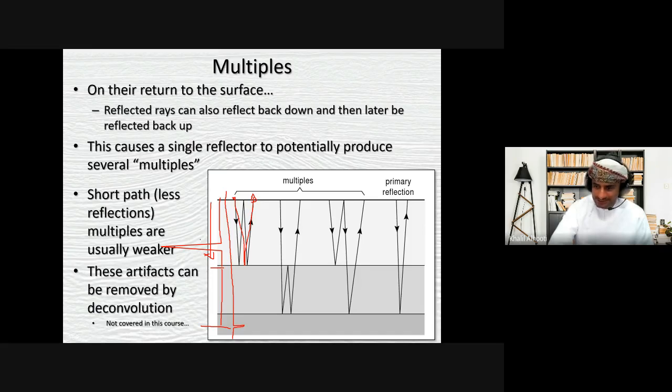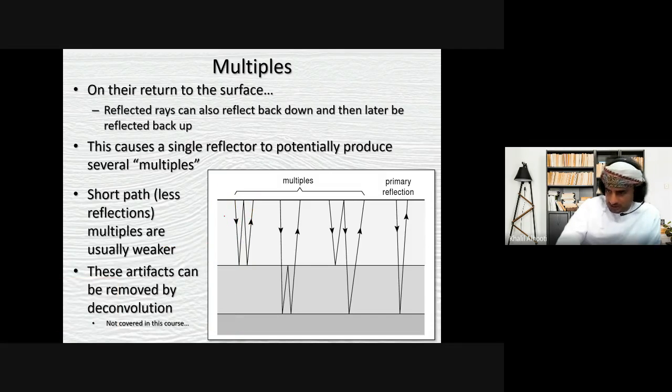Have you got my point? This travel time is double the primary travel time. It hit twice. This type of multiple, the one you see here, is quite easy to remove. Actually, it's the easiest to remove.